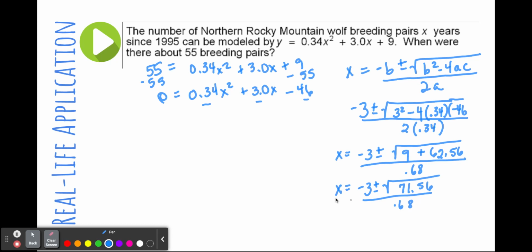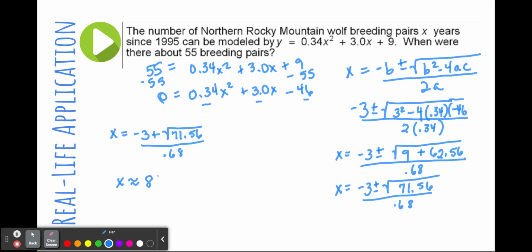Okay, so we have two possibilities here. We have x is equal to negative 3 plus the square root of 71 and 56 hundredths over 68 hundredths. And that makes x approximately equal to 8.